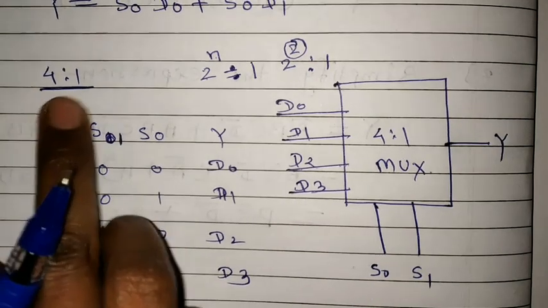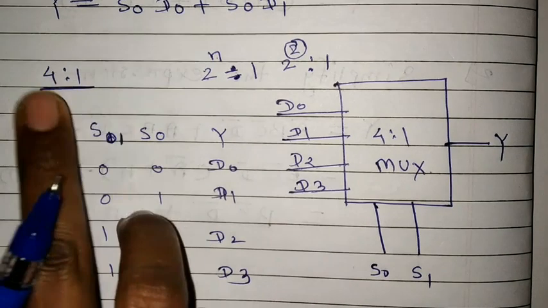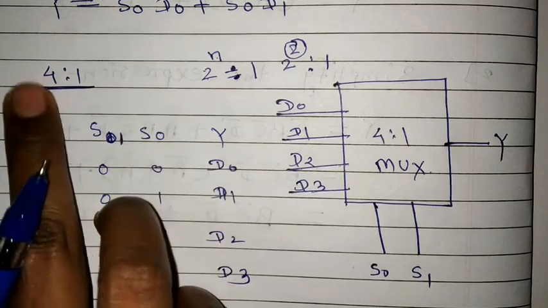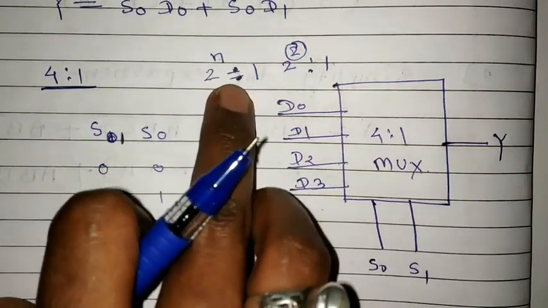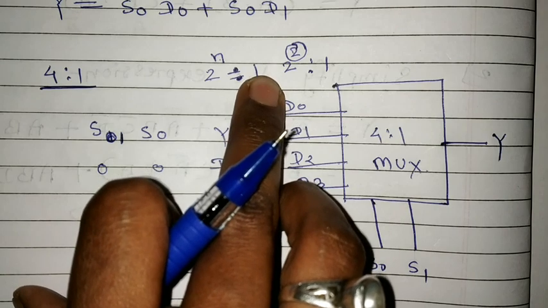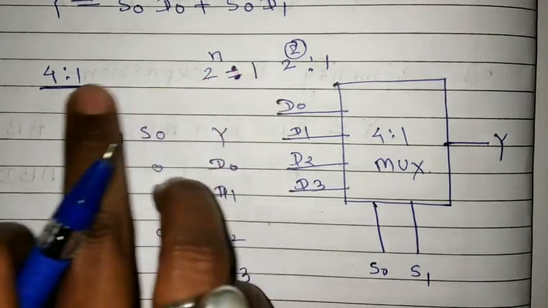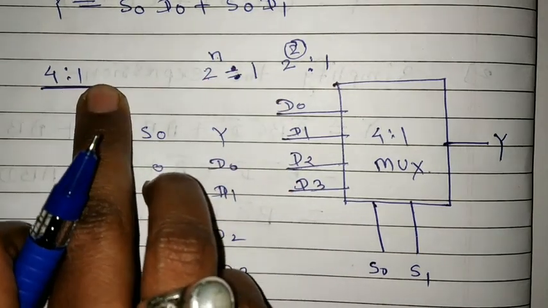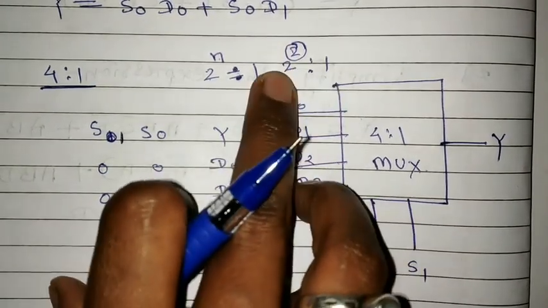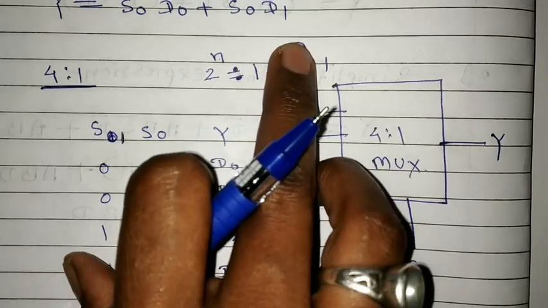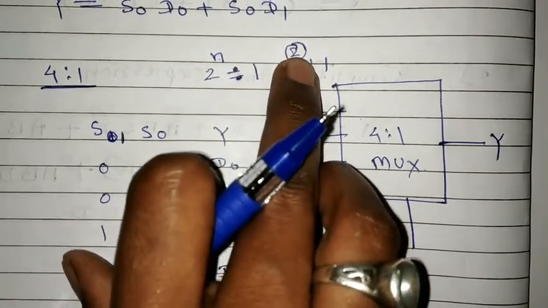Next type is the 4:1 mux. So how to calculate the select lines in a 4:1 mux? The mux type is 2^n to 1. So in the 4:1 mux, 2^n = 4, which means 2^2, so the value of n is 2.